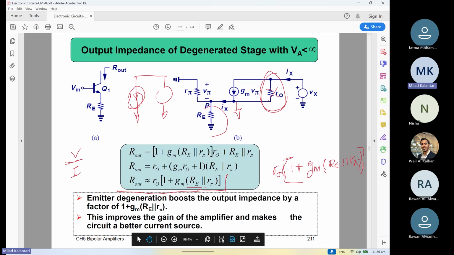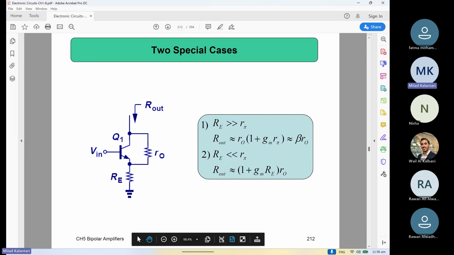But sometimes you are going to use this device as a current source, and for a current source you prefer the output impedance to be higher, right? So originally for the voltage amplifier this is not good, but if you need to use it somewhere as a current source, then it's good. This is just what I wanted to say.